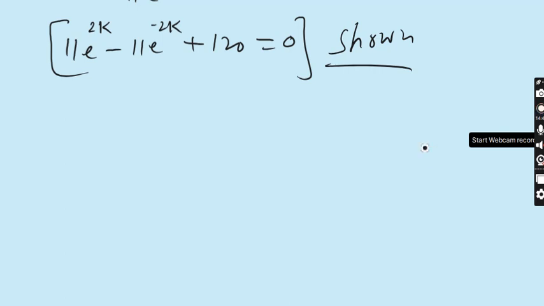So part 4: we have to use substitution. According to the substitution, we take e^(2k) equals y.